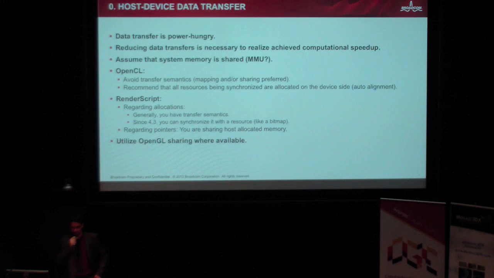So for OpenCL, it's very important to avoid the transfer semantics as much as you can. Prefer mappings and sharings everywhere, because that part of the API continues its advancement by introducing shared virtual memory and other stuff in future versions.